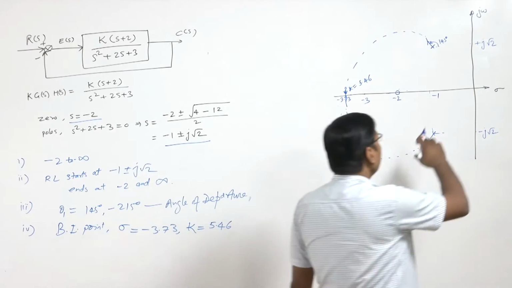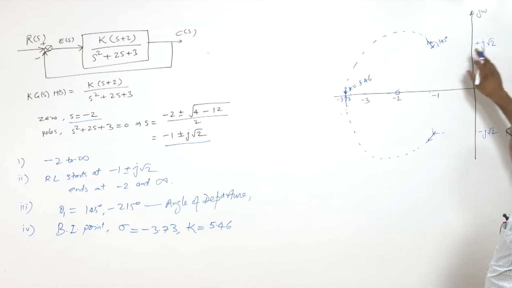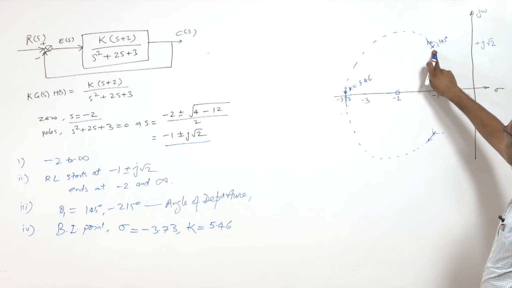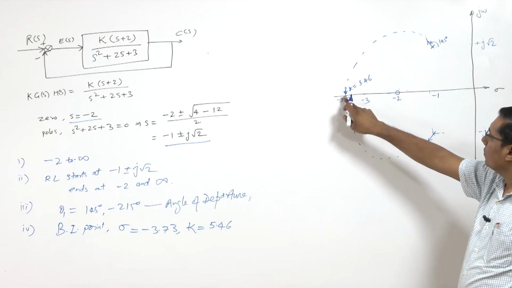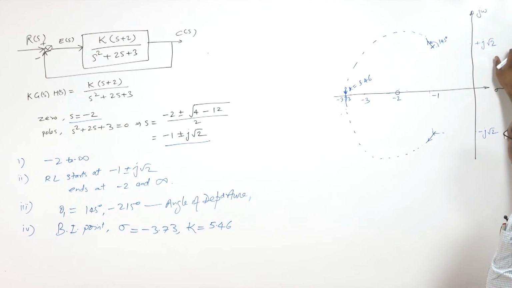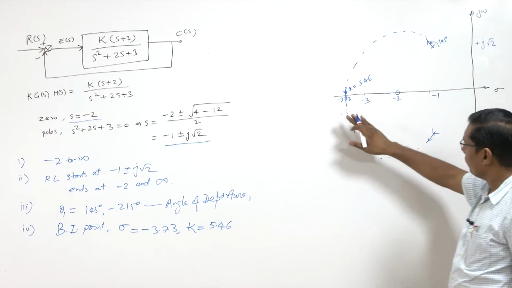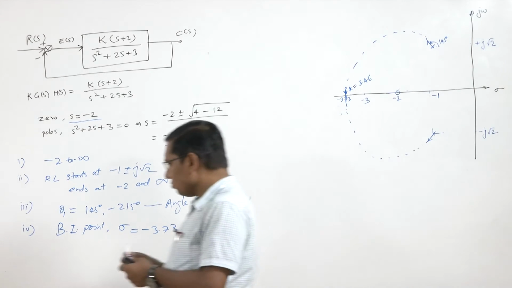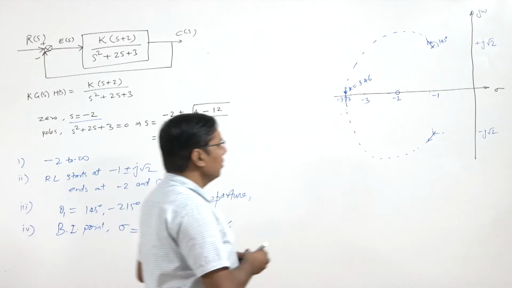So we don't need to compute the j omega axis crossing, because we know that this root locus is coming to this side, going away from the j omega axis. So there is no need to check for j omega axis crossing, and we can get some idea of the root locus.